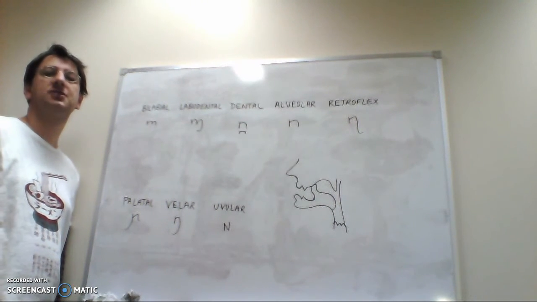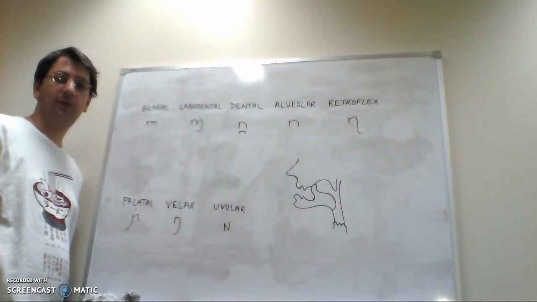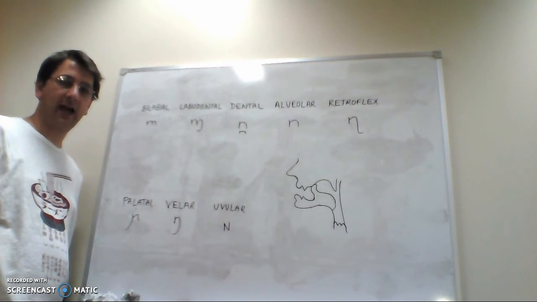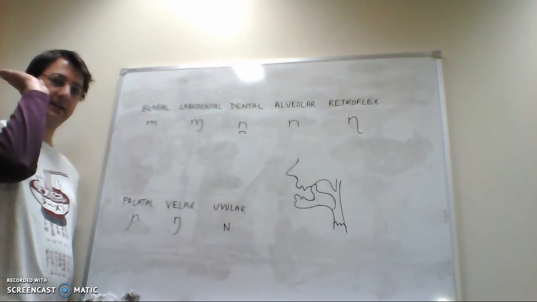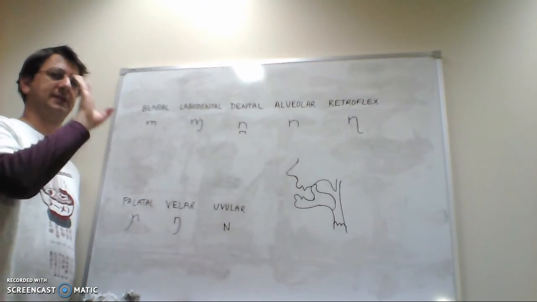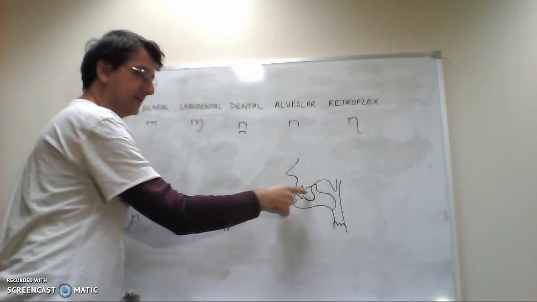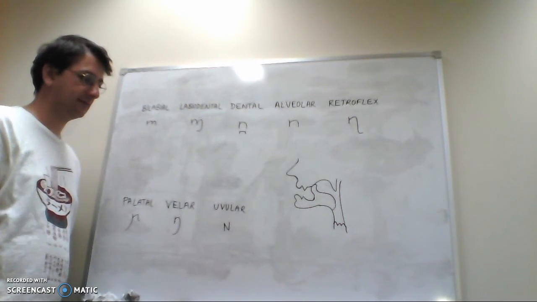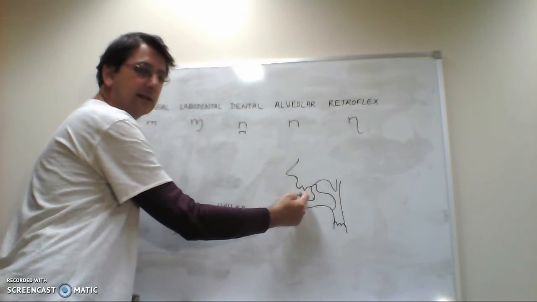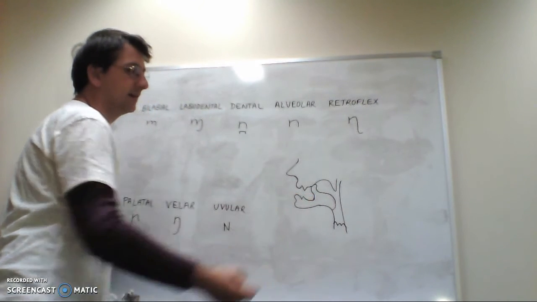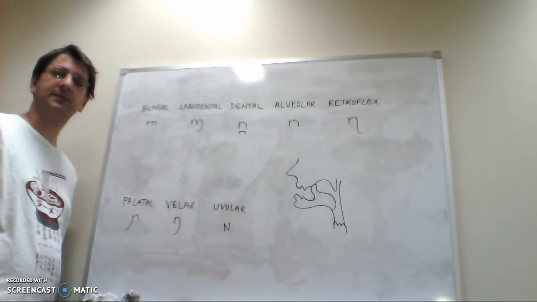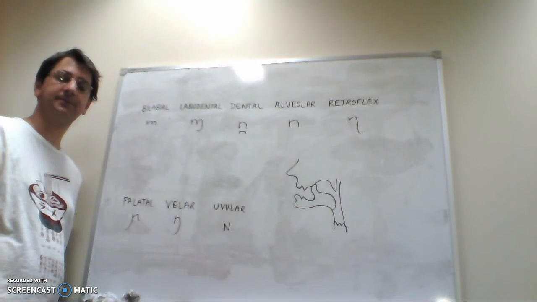Retroflex sounds are produced in the postalveolar region, but with your tongue tip facing up and back, so it's twisted back, like you can see here. So that leaves this sublingual cavity that gives the sound some special resonances.